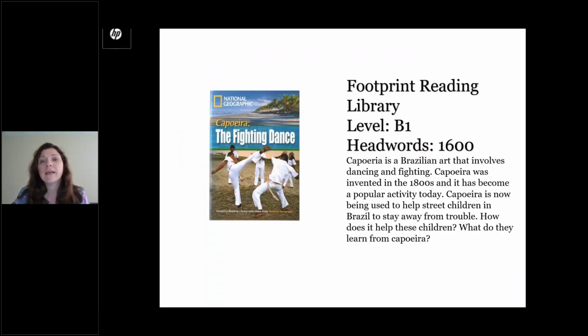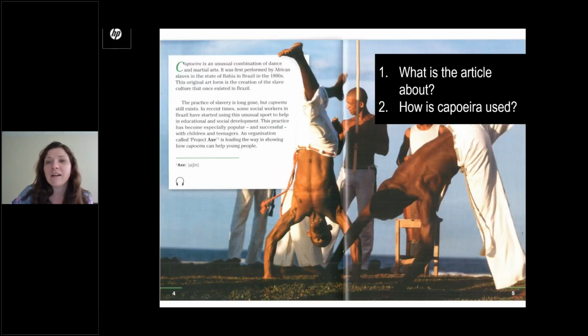Let's have a look at this book about Brazilian art. So the task for us is to look through it and to understand how is capoeira used and what is the article about. Yeah, we can use pictures, we can use text.